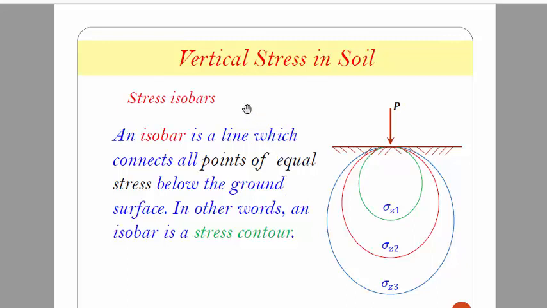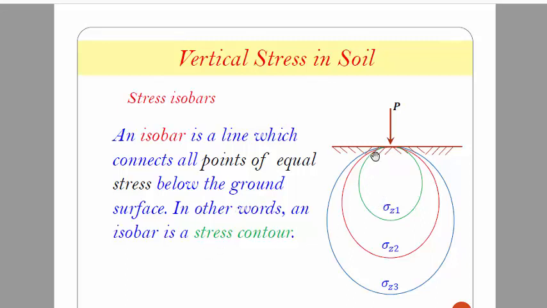So what are isobars? When the stress contours are the same, joining all the circles is called an isobar. An isobar is a line which connects all points of equal stress below the ground surface, and it is also called a stress contour. It is very important, students, kindly note it.